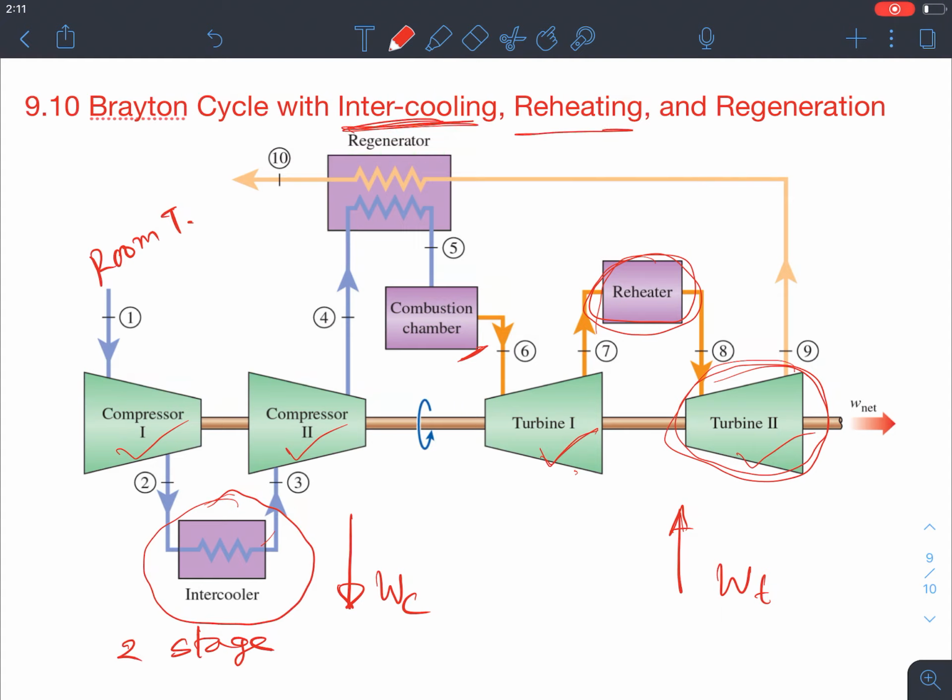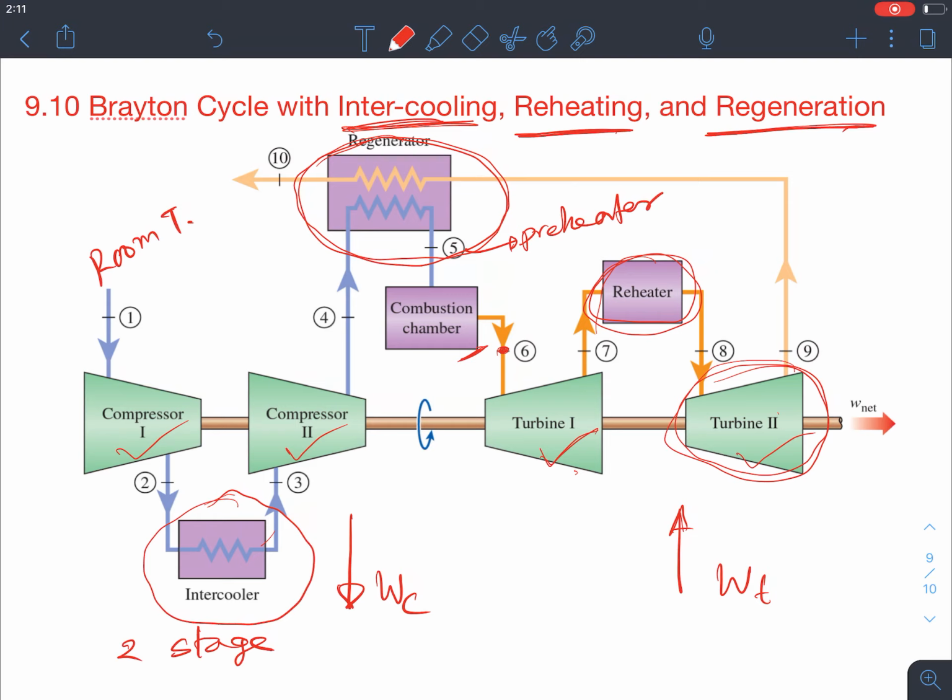So that's the goal of the Brayton cycle with intercooling. We implement an intercooling system between the compressors, and a reheating mechanism between the turbines, and we are also utilizing regeneration: the turbine 2 outlet goes to a regenerator, where we absorb that heat and bring it to the combustion chamber to work as a preheater to the combustor.